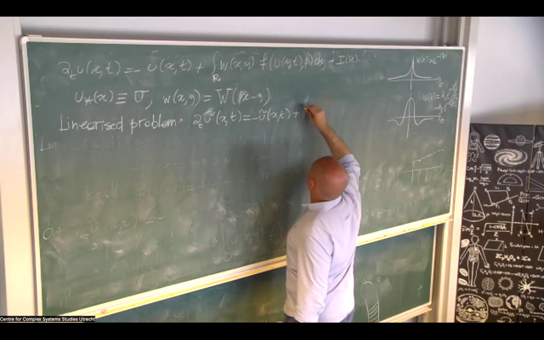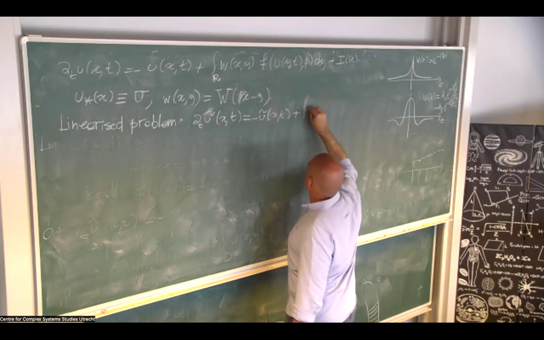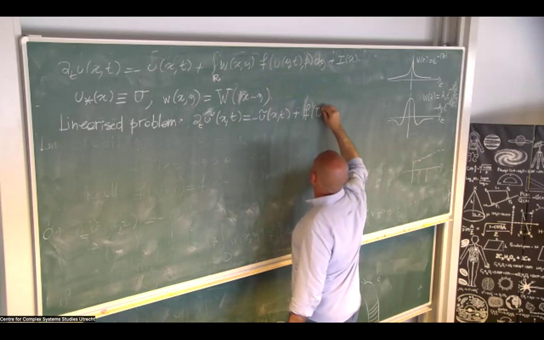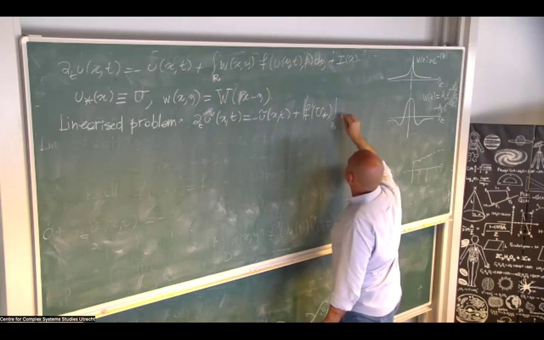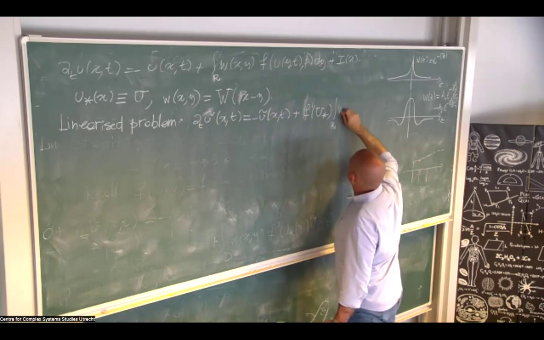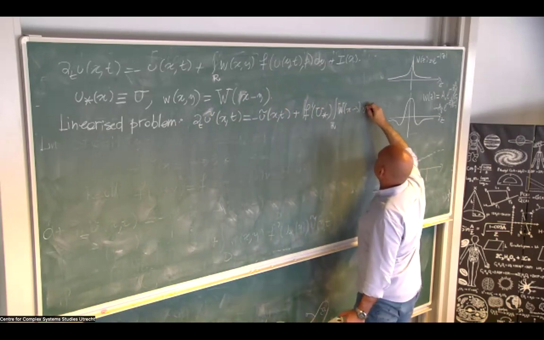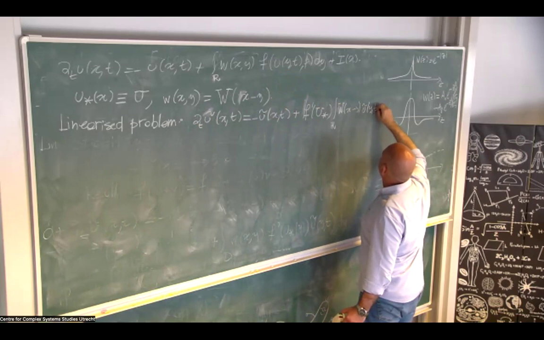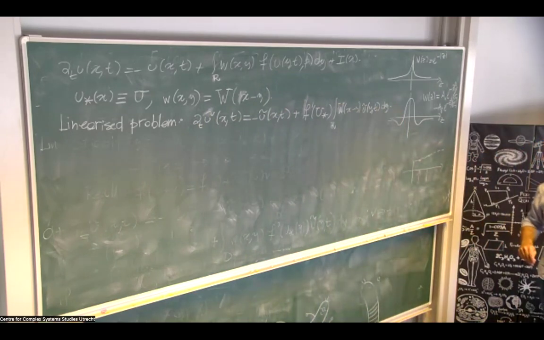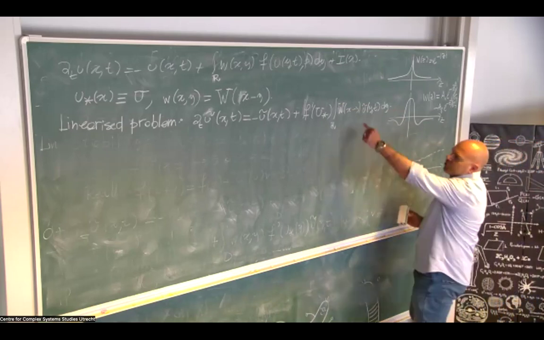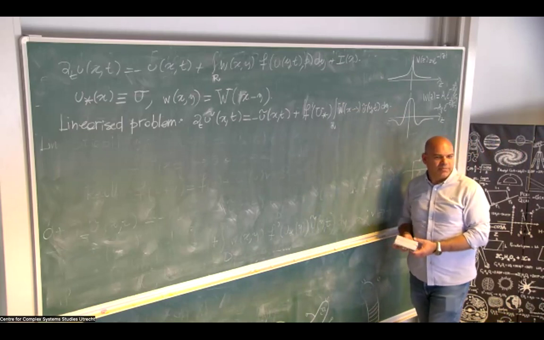First off, there was an f prime on u star. But f prime on u star is a number that you can take out of the integral because it's not dependent on space anymore. And then you're left with just a convolution between the function big W and the thing you want to solve for. This is now a notable simplification because the moment I introduce a convolution, I have some hope to turn this into a problem that I can solve in Fourier space.